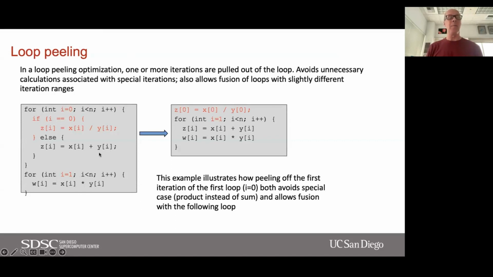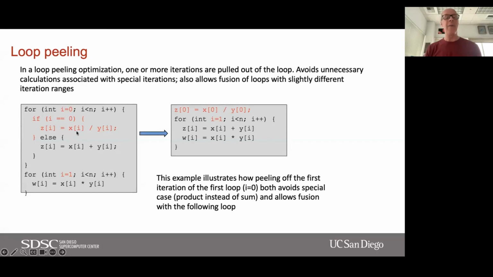So if we look at the block of code here on the left, where we're iterating over the elements of Z, you'll notice that the very first iteration is a little different. Here, again, a contrived example, we're calculating Z of i equals X of i divided by Y of i only if i equals 0. Otherwise, we're going to sum the elements. Again, these are very, very simple examples. Sometimes the compiler will be able to do this for you.